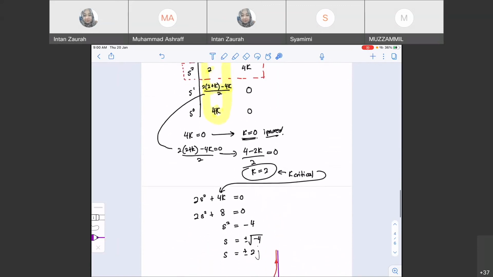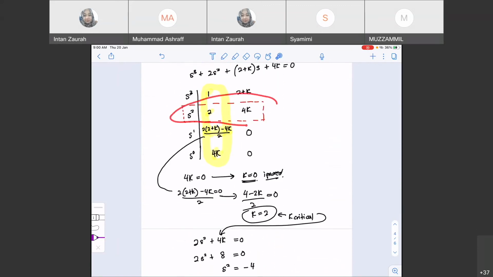Okay, but the other way around, you can also use this S squared row here. Okay, so how do I do that? I'm just going to know that this is S squared. So this is the coefficient of S squared. This 4K is the coefficient of S0. So if I use these coefficients, it's the simplification of my characteristic equation.